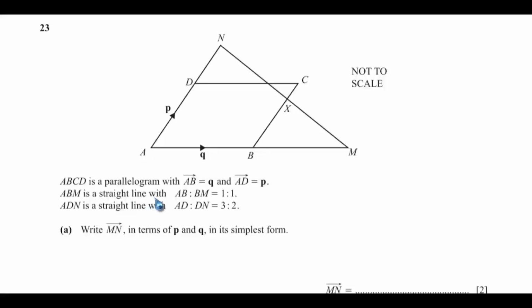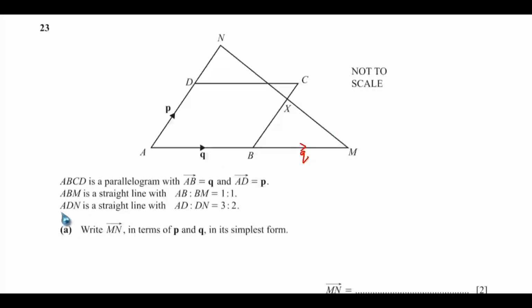ABCD is a parallelogram with AB equal to Q and AD equal to P. ABM is a straight line with AB ratio BM equal to 1 to 1. That means they are equal. So since AB is equal to Q, then BM will also be Q, moving towards this direction.